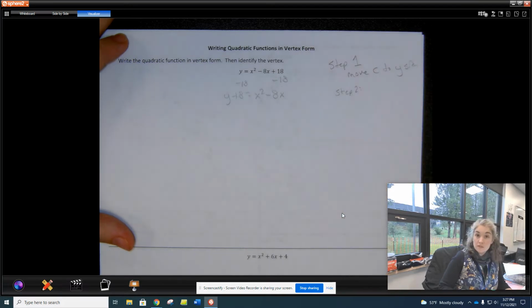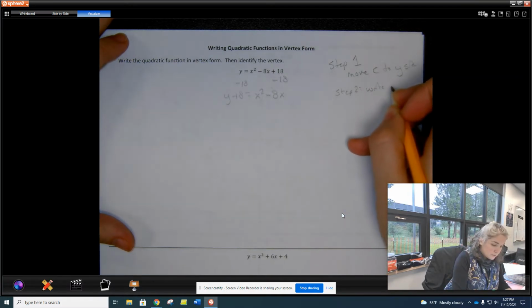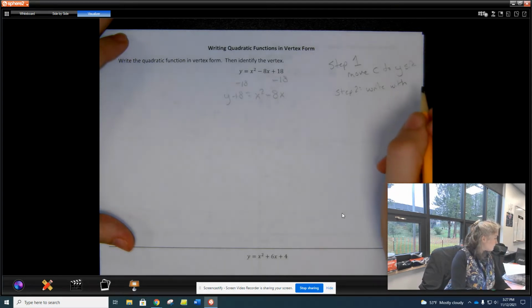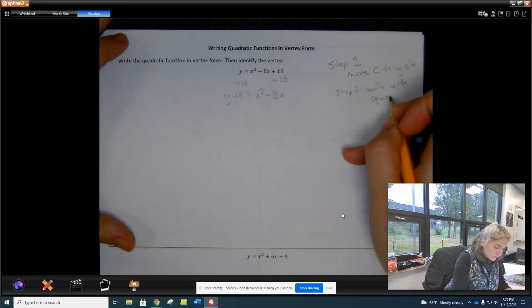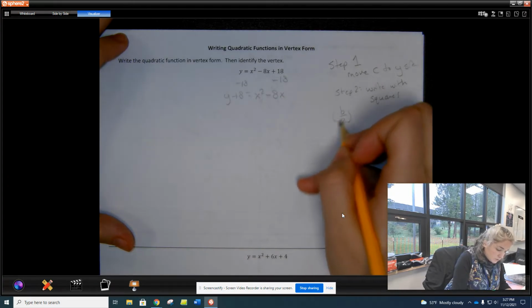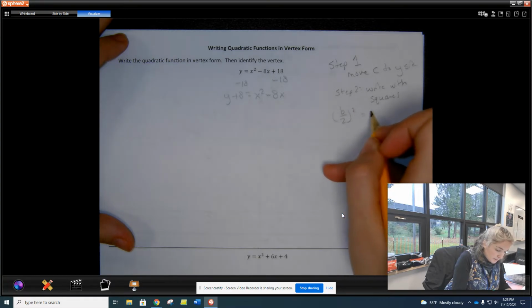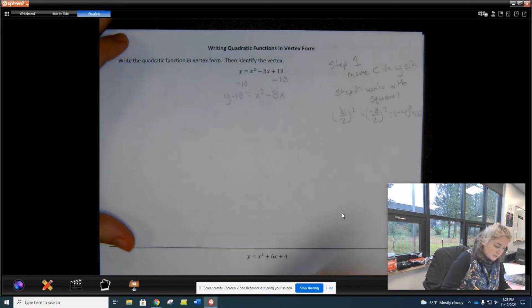Next thing I want to do is I want to complete the square. All right, so I'm going to write with squares. And on this side, my b divided by 2 squared would be negative 8 divided by 2. Well, that's really negative 4 squared, which is positive 16.